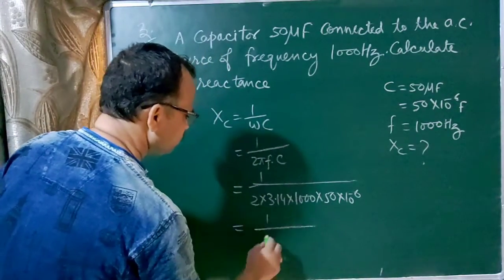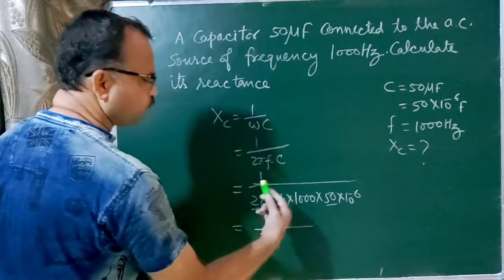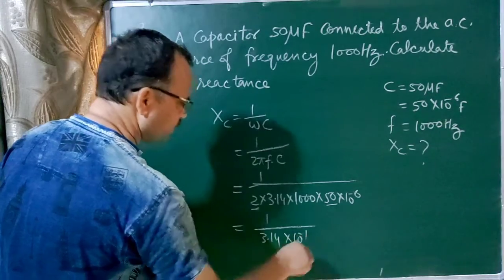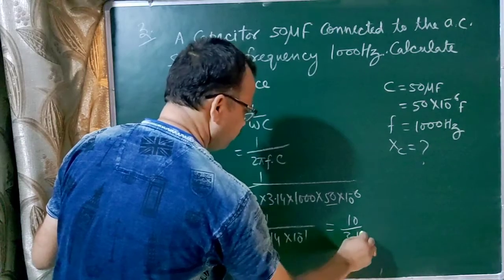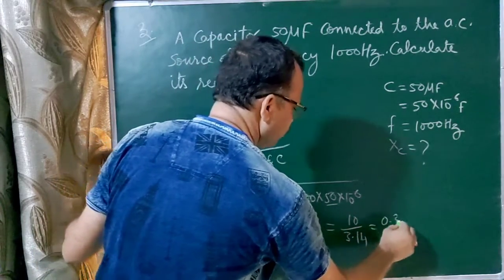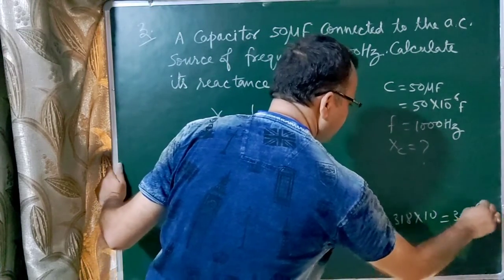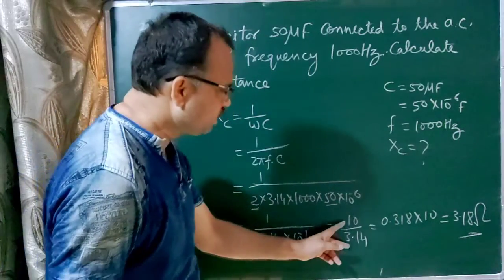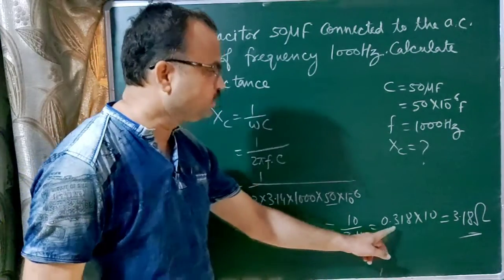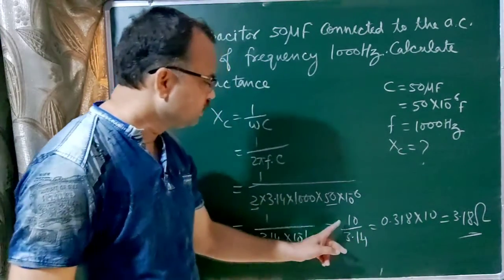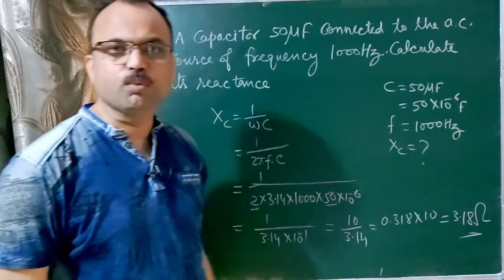This gives 10 upon 3.14, or 3.18 ohm. So here you have to learn the reciprocal of pi, 1 upon 3.14, its value is 0.318. So 0.318 into 10 means 3.18.